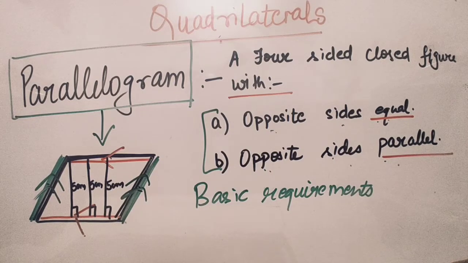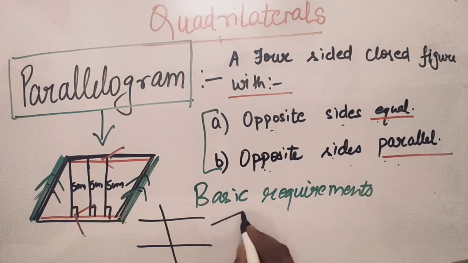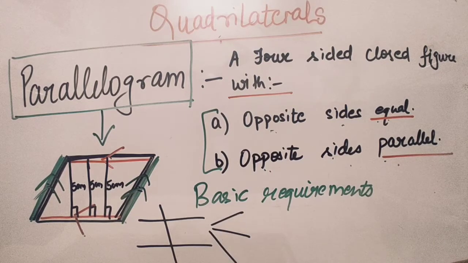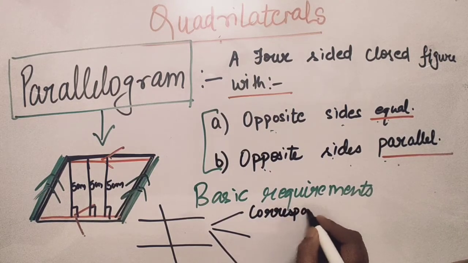Another thing that you have learned in your previous classes: if we want to check whether two given line segments are parallel to each other, what are we checking? Basically three conditions, and we can check any of the three. First, corresponding pair of angles, if you remember.